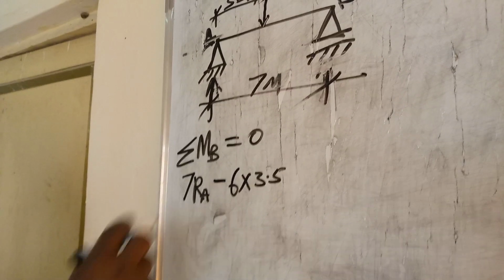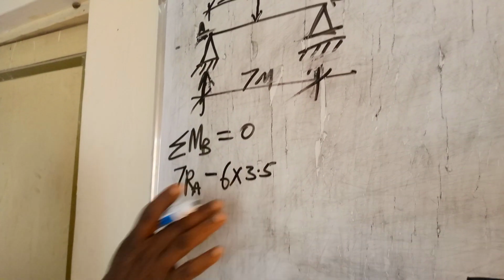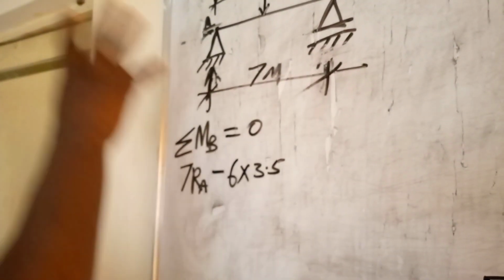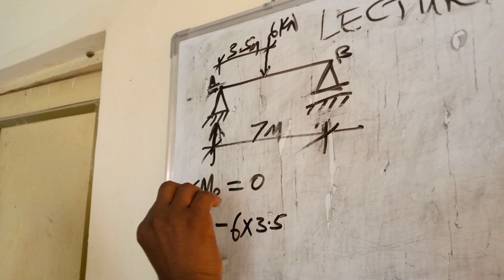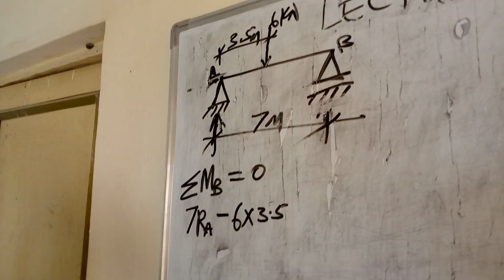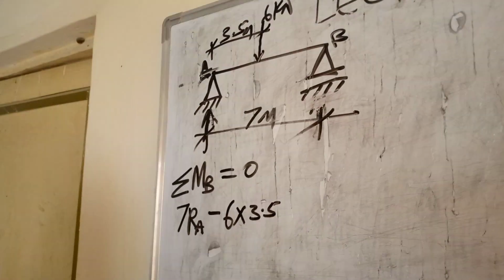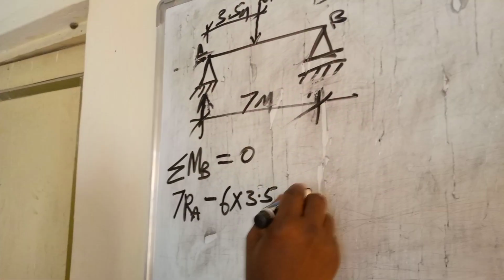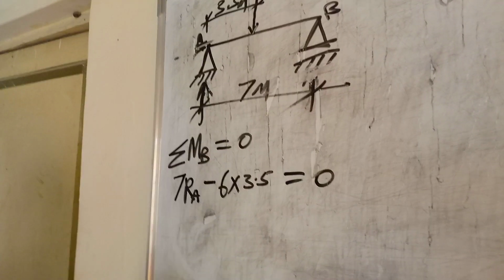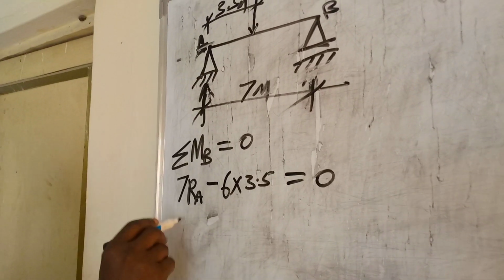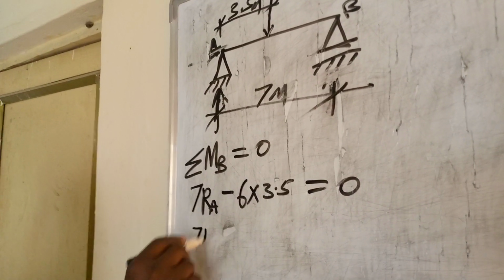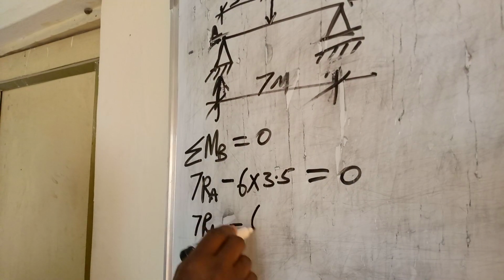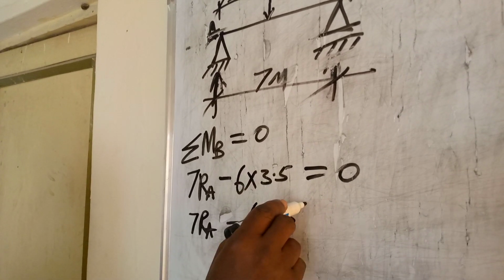So the forces that were able to create moment about support B are reaction A and the force 6. Reaction B cannot create moment about itself because the distance from itself is 0. So this total is equal to 0. From here, 7RA is equal to, this goes over this way, 6 times 3.5.